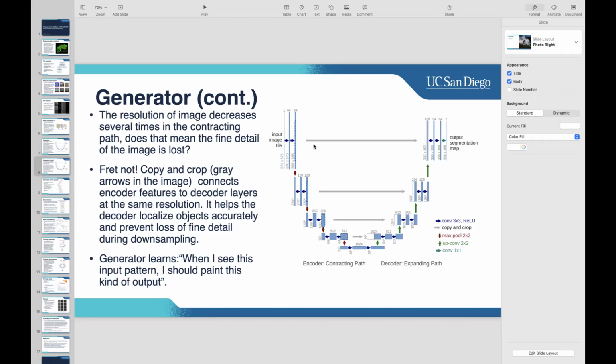They connect encoder features to decoder layers at the same resolution. This helps the decoder localize objects accurately and prevents loss of fine detail during downsampling. So the last word about the generator is that it learns: when I see this kind of pattern, I should paint this kind of output.